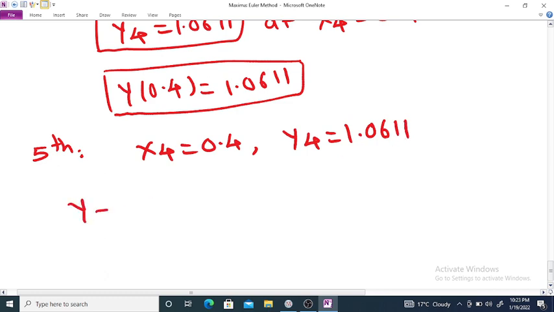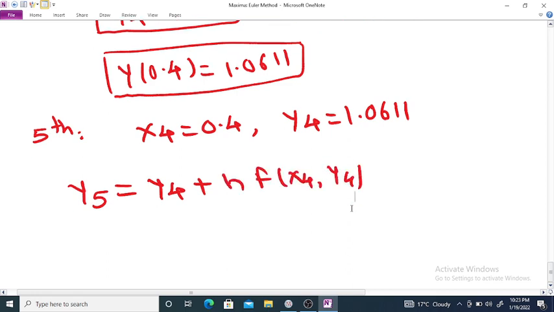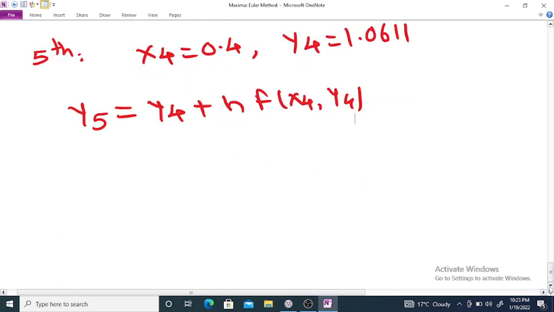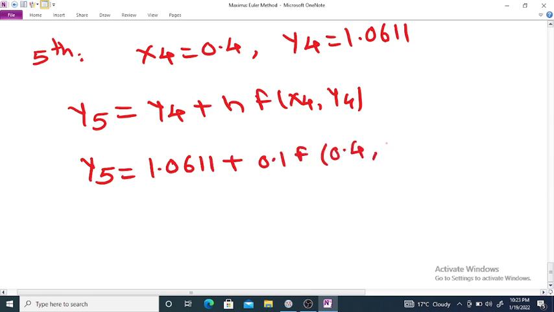So y5 is equal to y4 plus h f of x4, y4, which is 1.0611 plus h equal to 0.1, f of x4 is 0.4, y4 is 1.0611.